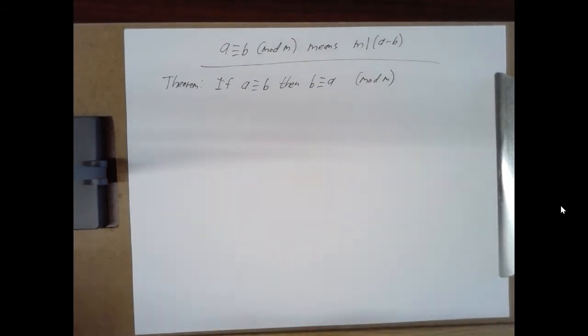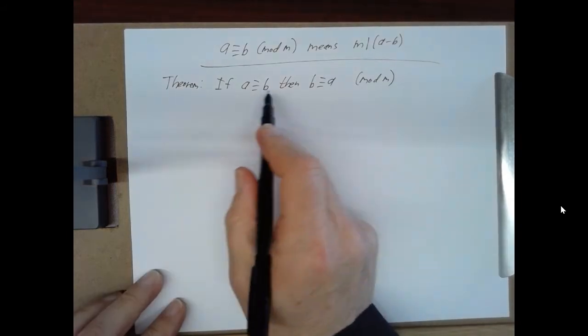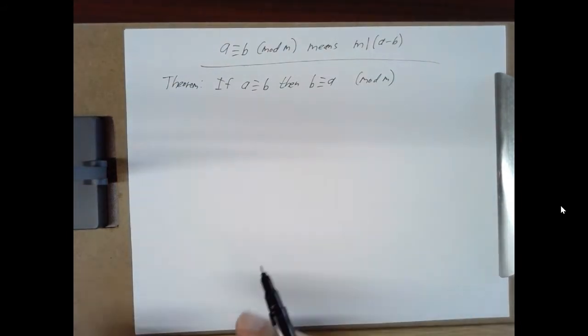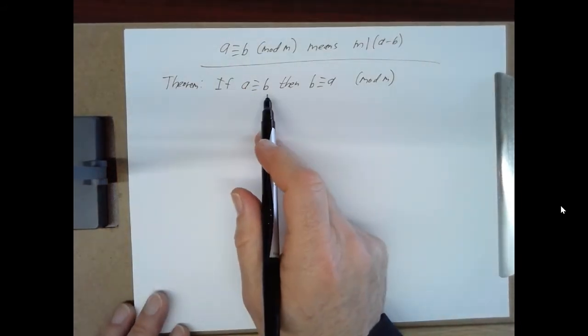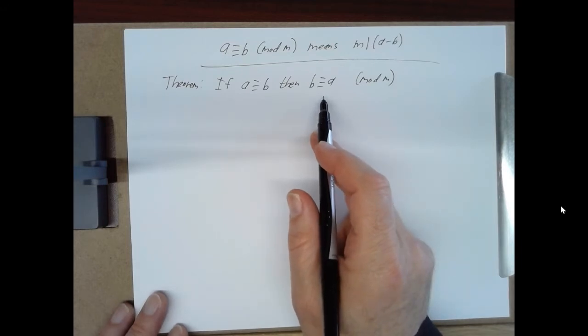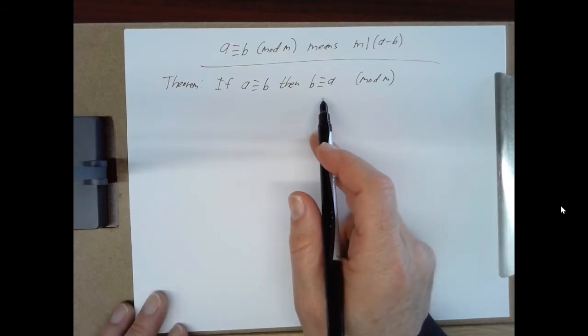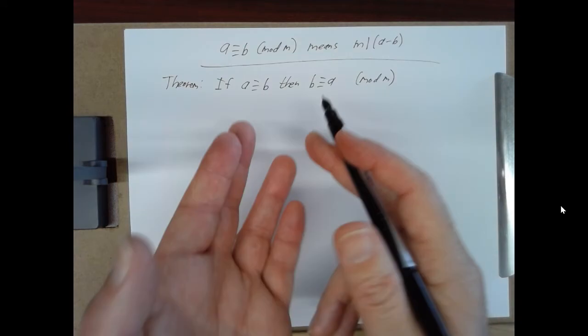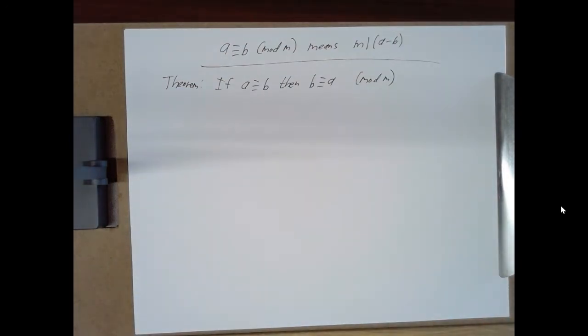If A equals B, then B equals A. But not all things that we can put between two things work like this. For example, if A is greater than B, it doesn't turn out that B is also greater than A. But this looks like an equal sign, so we expect this to be true. But can we prove this?